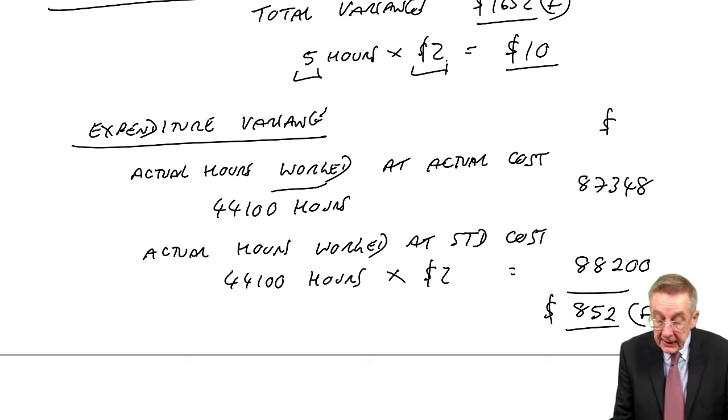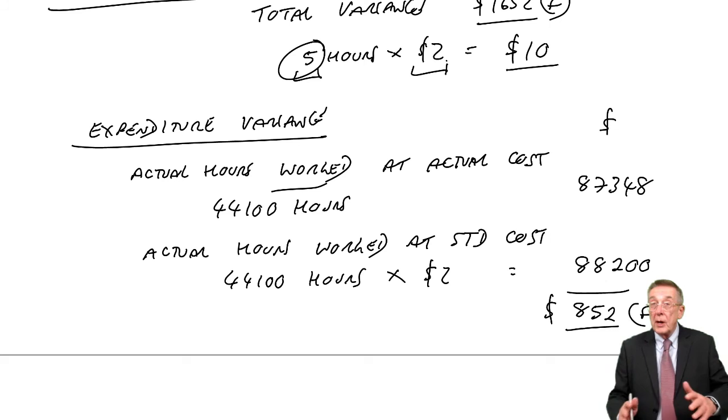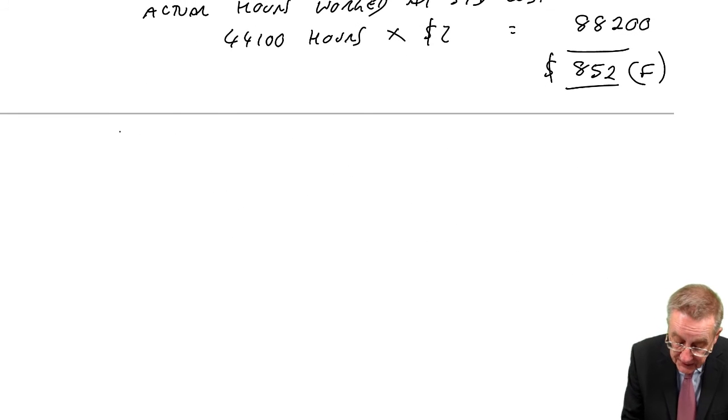The other bit to look at is, did they work 5 hours or not? Did they take longer or were they faster? And this is the efficiency variance.